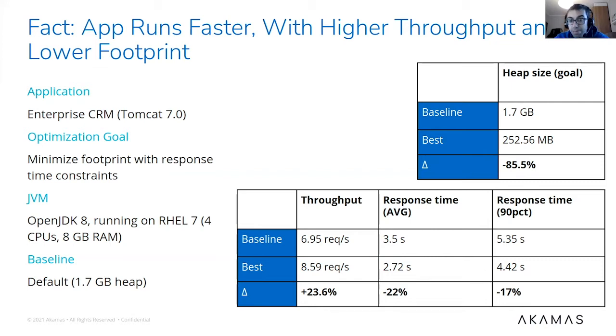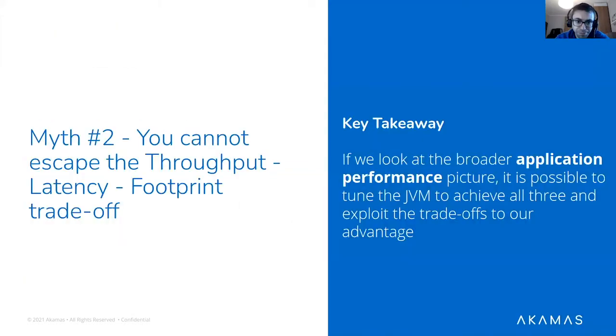We also set up, after this project, some internal benchmark to study this effect, and we were able to reproduce it. So the key concept here is that if you look at the broader application performance picture, data shows that this myth is actually busted. I think this principle is true if you look at the specific GC implementation.